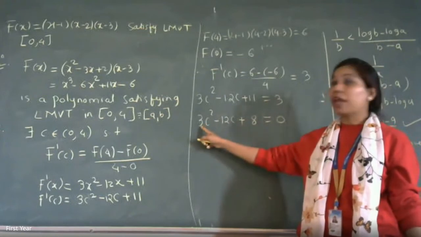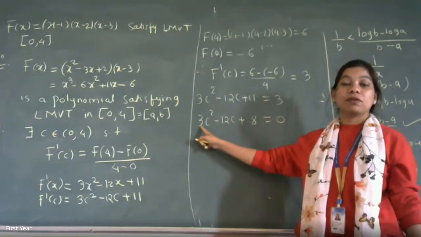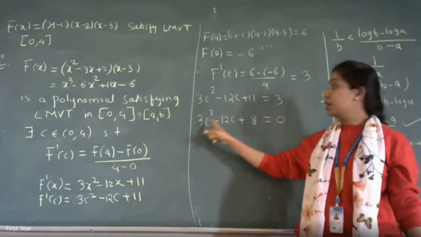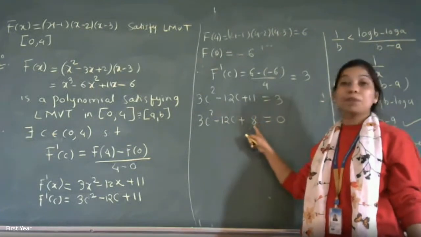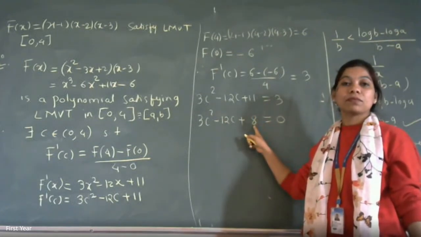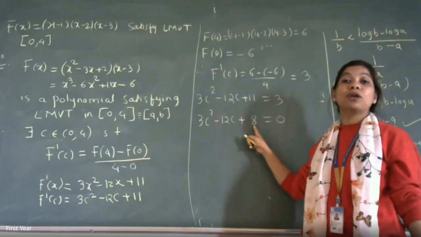So keep your pointer on A and enter 3. Then for B put minus 12. And in place of C put 8. Did you do that? Yes, ma'am. And now press equal to.